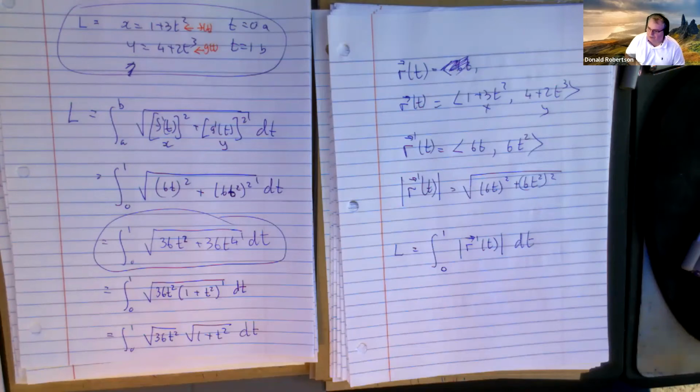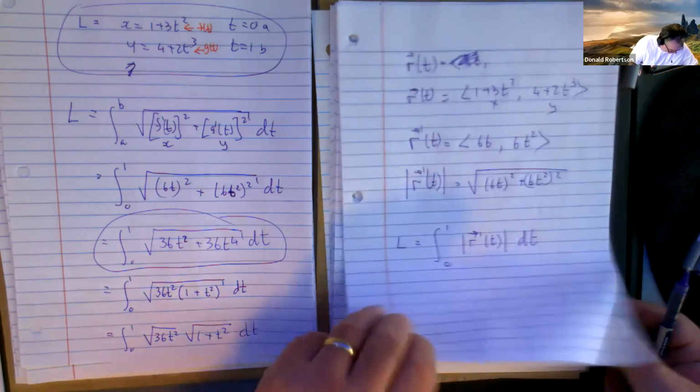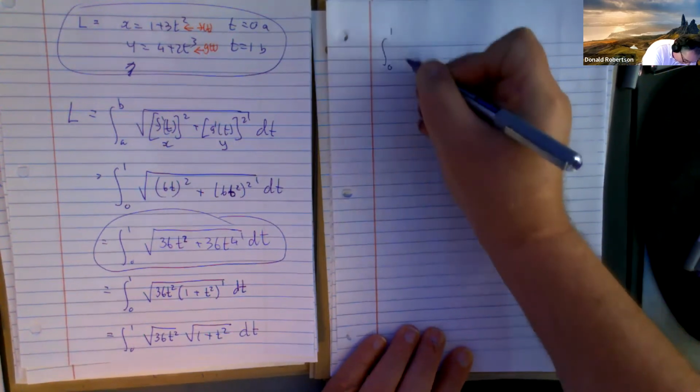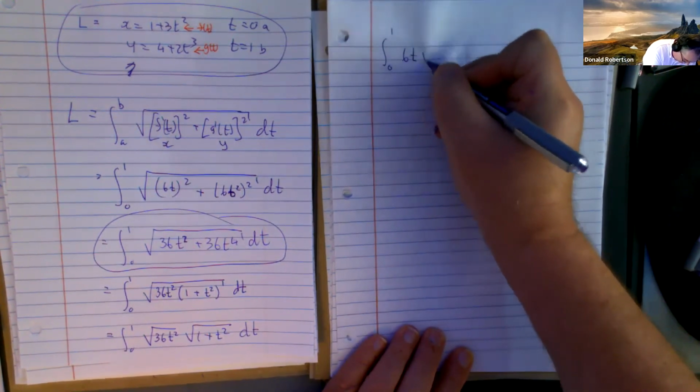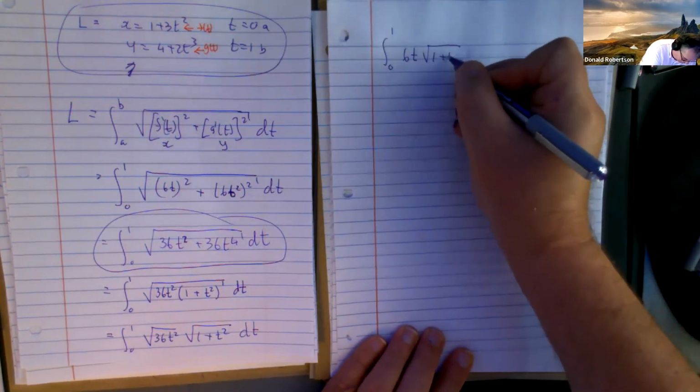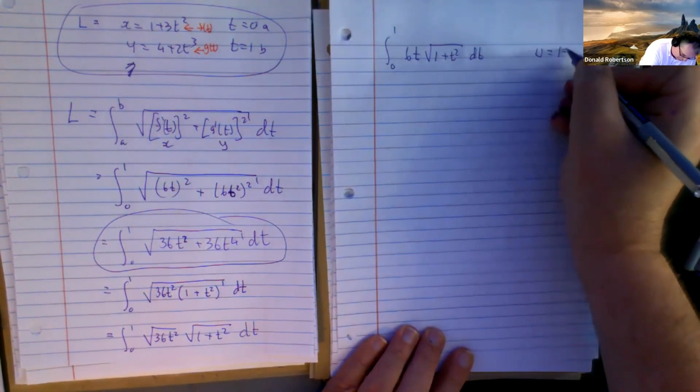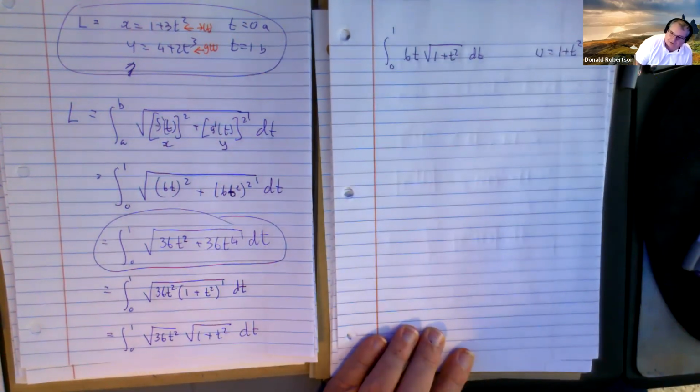Cool. I would appreciate if we could finish that question, actually. Not a problem. So at this point in time, I'll just write it up here. We have 6t square root of 1 plus t squared dt. And I'm going to do a substitution of 1 plus t squared.